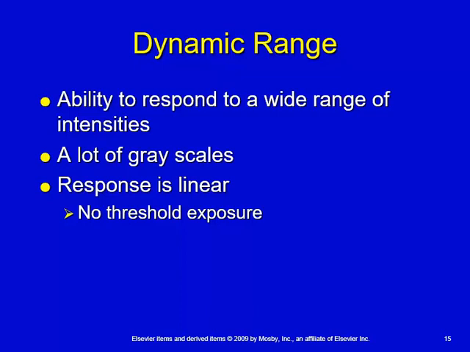And what that means in screens and films is that you may have a lot of shades of gray and be able to record a lot of shades of gray, but they're so close to each other that you can't separate them out. You can't make any kind of visual distinction between the different types. So even though the film could record a ridiculous number of shades of gray, our eyes couldn't really detect it.